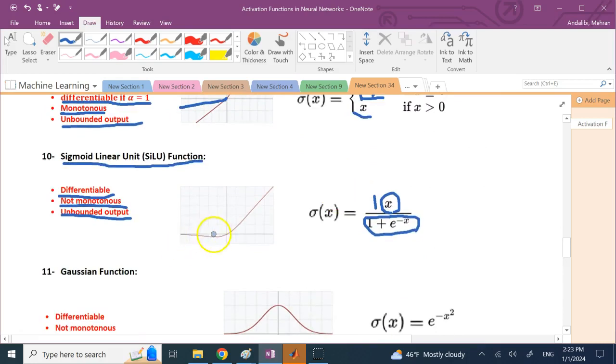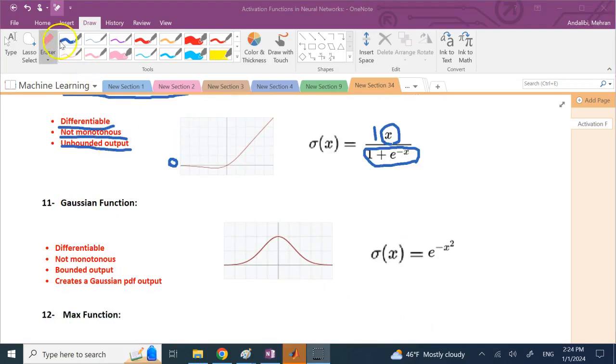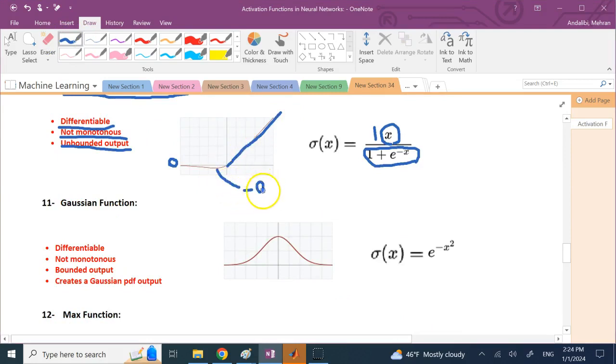The same thing happens here. This function, when x goes to negative infinity, it goes to 0. On the positive side, of course, it converges to the identity function, and this minimum here is at negative 0.278.